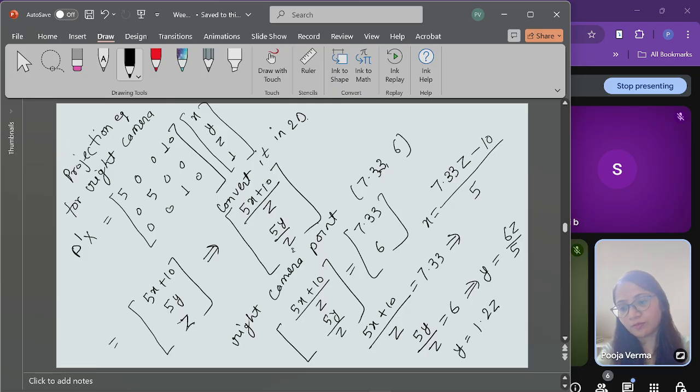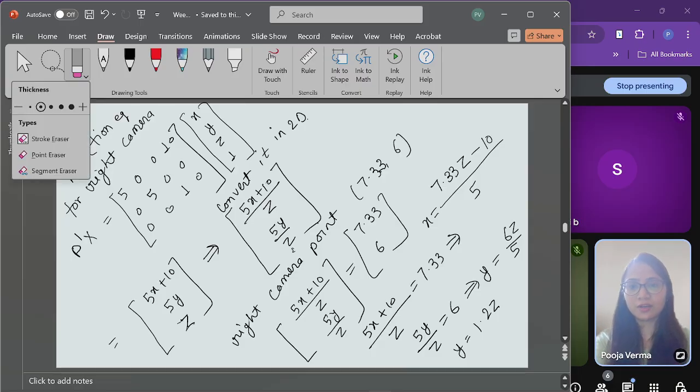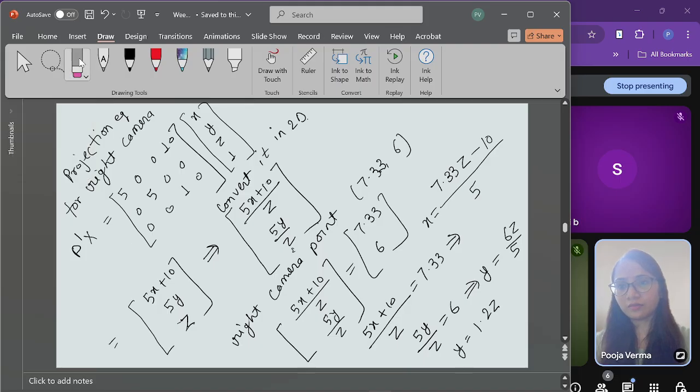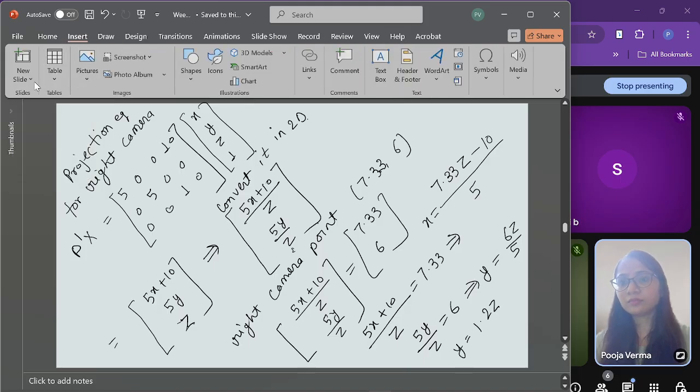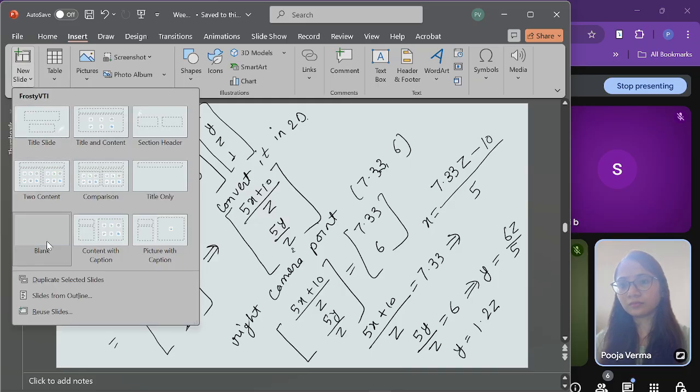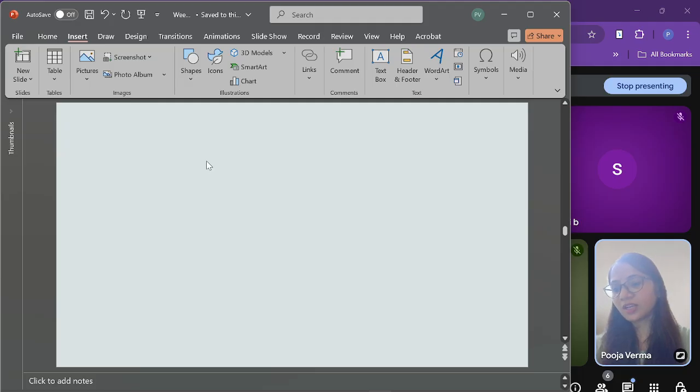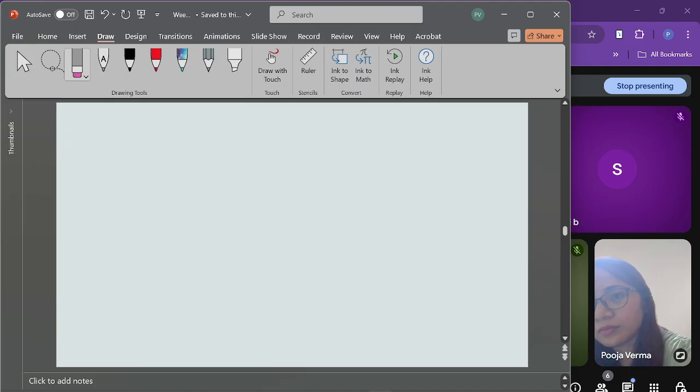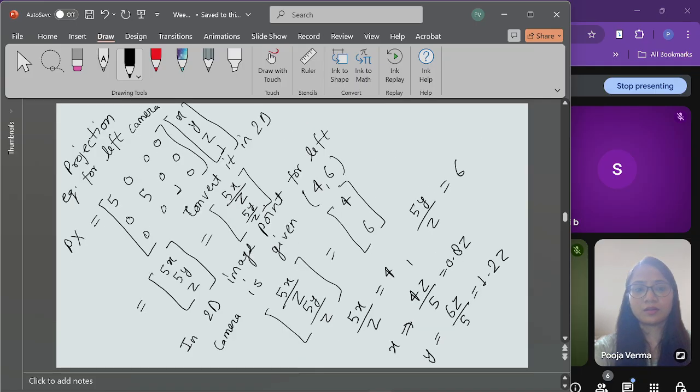So from the left, I'm just removing it from here. Have all of you noted down, or should I take one more slide? Okay, go back to the previous slide, please.